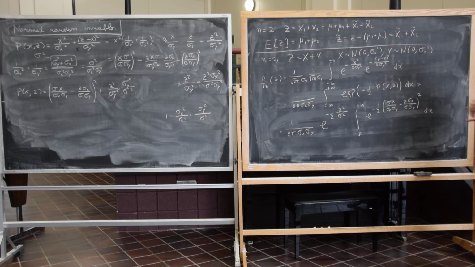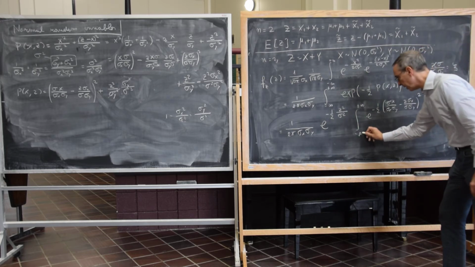What matters is this piece here. So you need to make a change of variables: x times sigma divided by sigma x sigma y is equal to psi. And then dx is equal to sigma x sigma y divided by sigma, d psi.